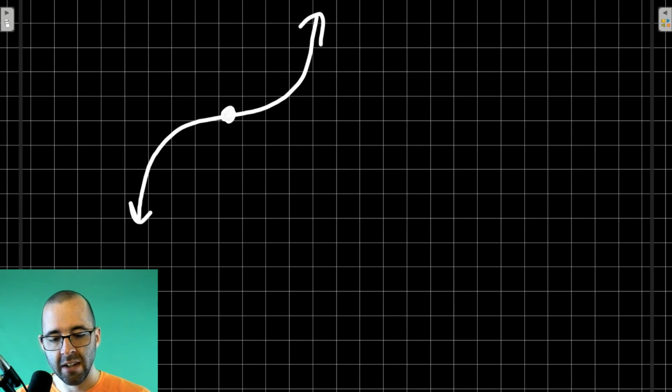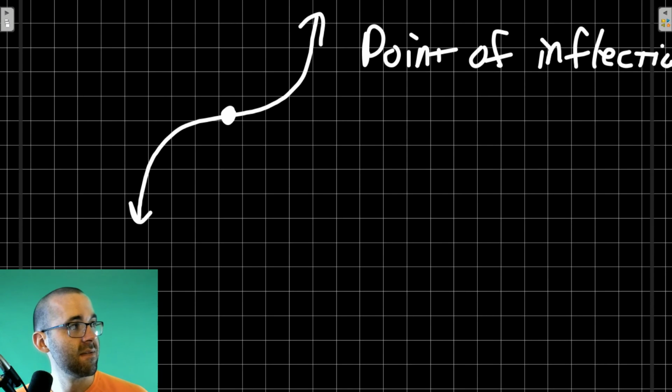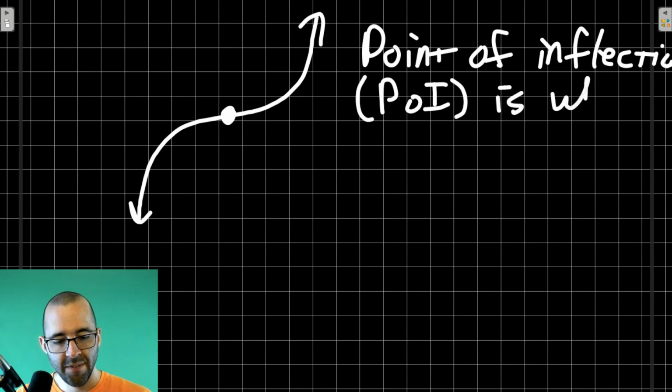But there's a point where it switches from concave down to concave up, and that's called a point of inflection. All right, so a point of inflection. A lot of times we'll abbreviate that POI, is where concavity changes.